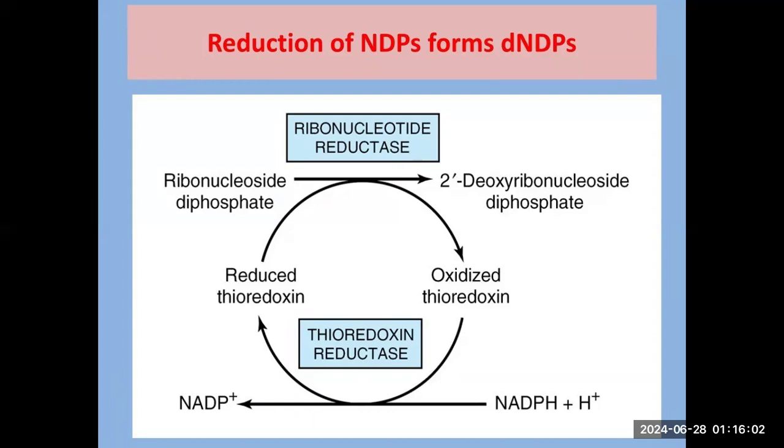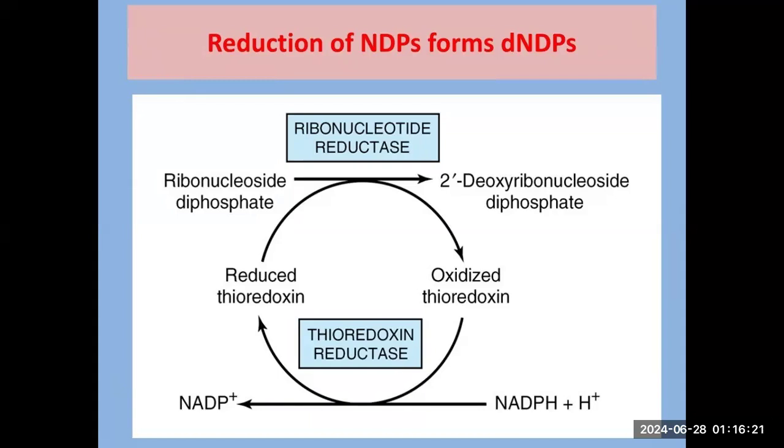Because we are reducing the sugar, we require a reducing agent, and the reducing agent is reduced thioredoxin. Reduced thioredoxin reduces the ribose sugar to deoxyribose, and it itself is converted to the oxidized form of thioredoxin.